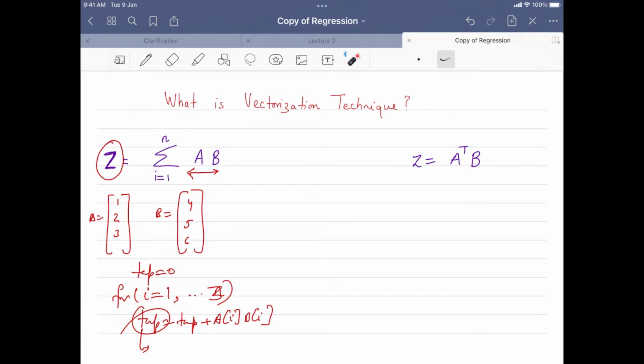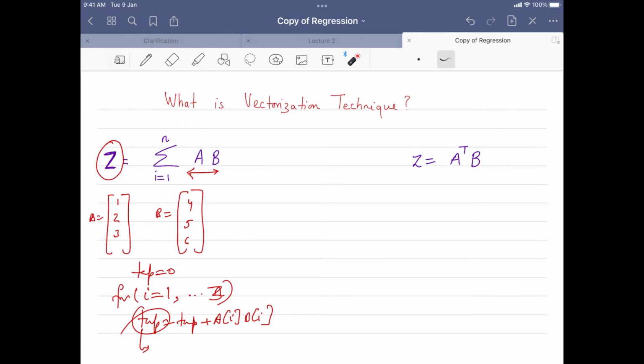If it's a three-dimensional matrix, again it will have another for loop. So there will be a cascading of for loops as the dimension increases, and this will slow down the computational process.